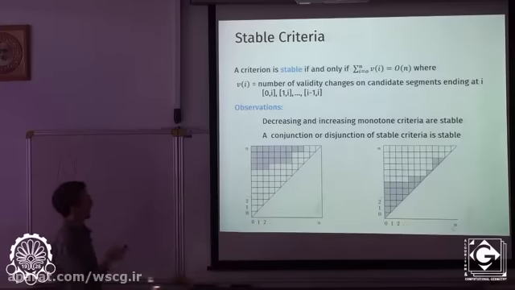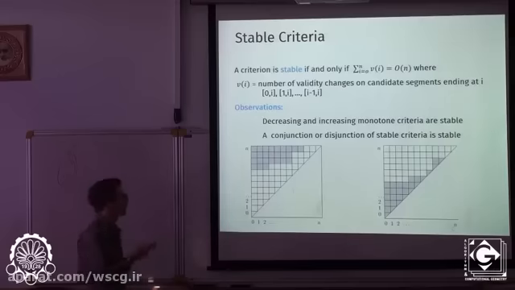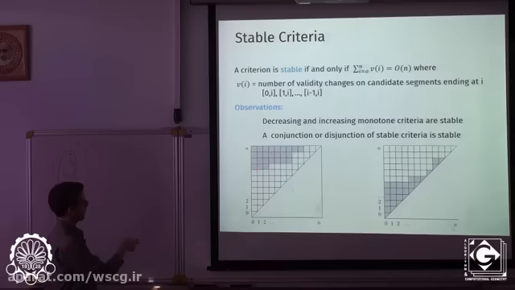changes. And if you look at specifically decreasing and increasing monotone criteria, they fulfill this property. So this is a decreasing monotone criterion. So meaning if this is white, everything below is white. But then the forbidden space has this ortho-convex shape, or the staircase shape, let's say.